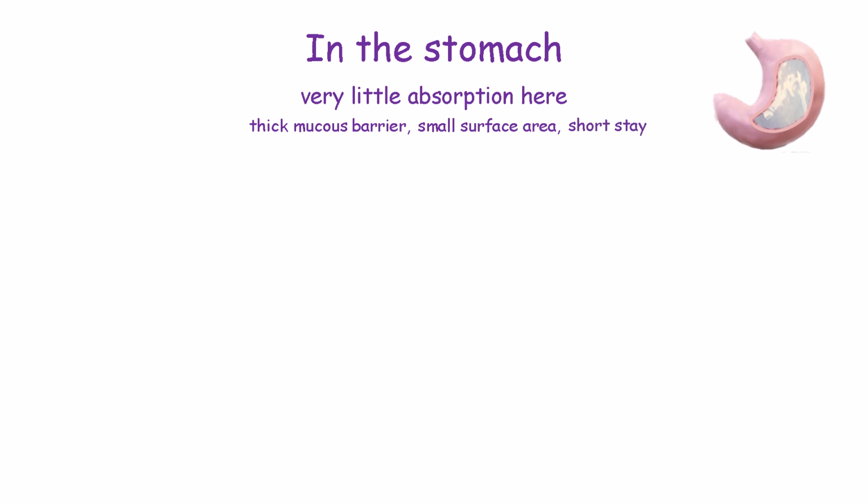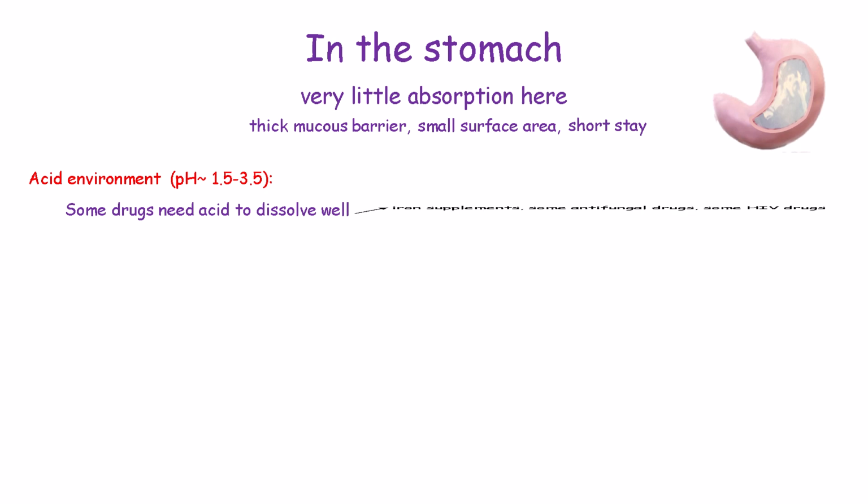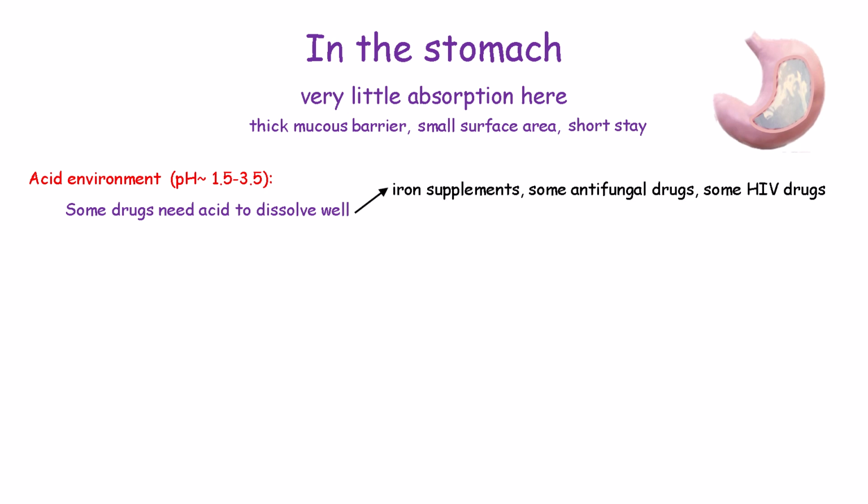An important feature of the stomach is its high acidity, which helps it to break down food and kill microorganisms. Some drugs need the acid environment to dissolve well. For example, iron supplements, some antifungal and HIV drugs.